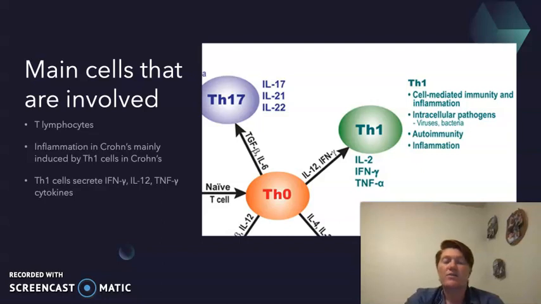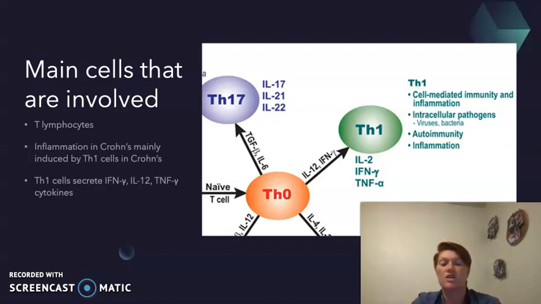The main cells that are involved in Crohn's are T lymphocytes, and T cells' main role is to protect the body from infection. So if there is an abnormal T cell response, this could possibly play a role in Crohn's disease. The inflammation in Crohn's is mainly induced by Th1 cells.